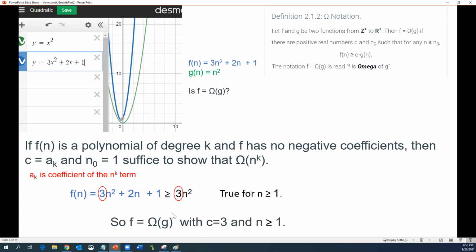So really all you do when there's no negative coefficients and we're trying to show omega of something, is drop everything except for the highest degree term, and then c is going to be that thing that's right in front of that highest degree term. So it's true for c equals 3 and n greater than or equal to 1.